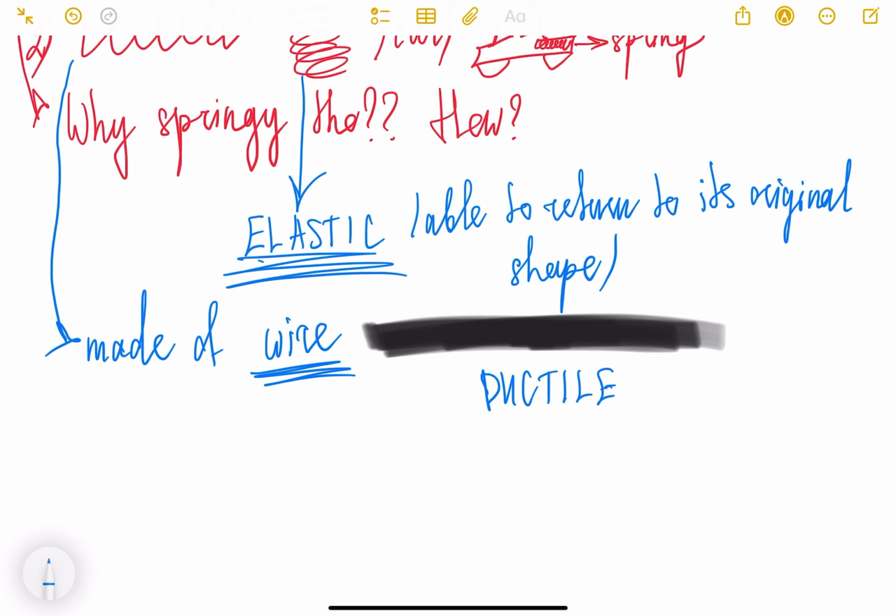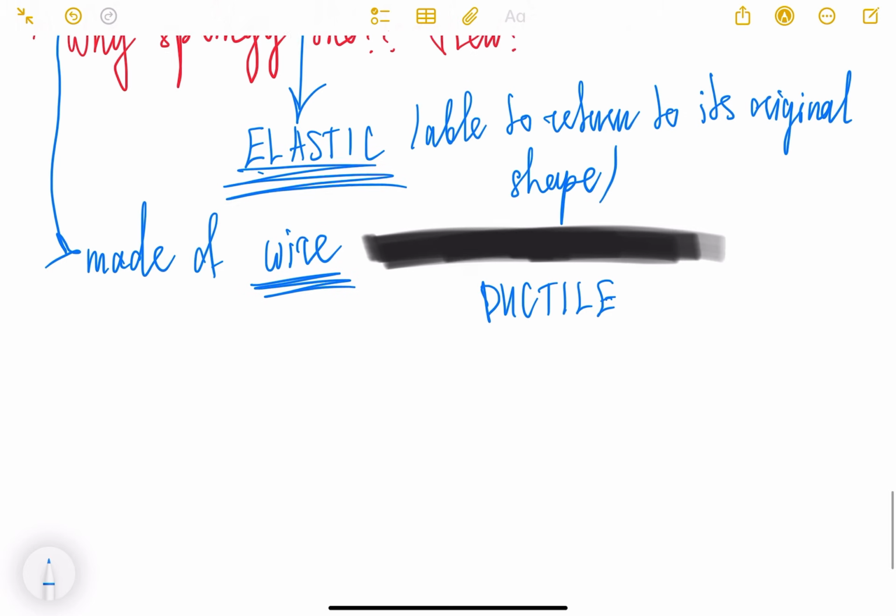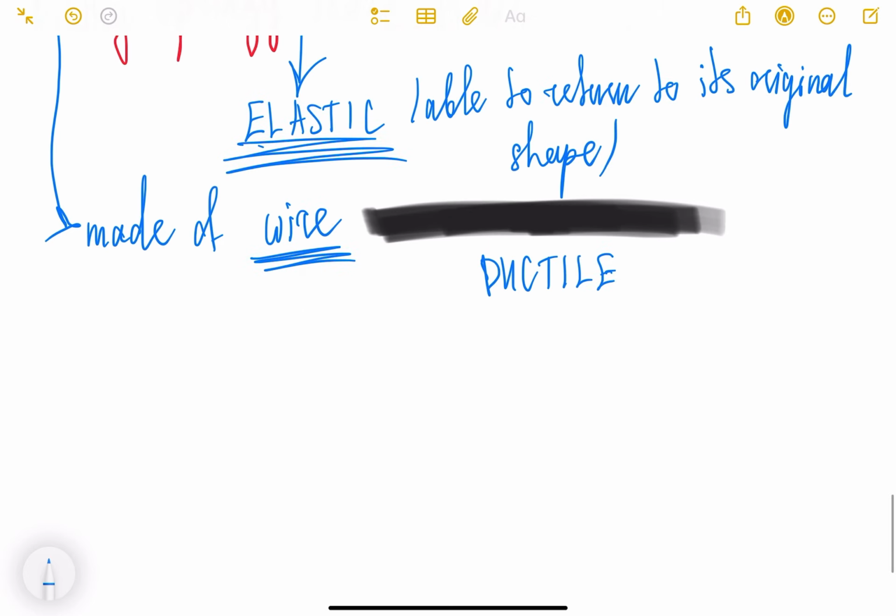And when the wire is manufactured, it is not only stretched beyond its elastic limit, meaning it will no longer return to its original length, but also beyond its yield point, where significant irreversible extension, elongation, or deformation occurs. So like ductile, after the elastic limit or yield point, it cannot turn into its original shape, right?